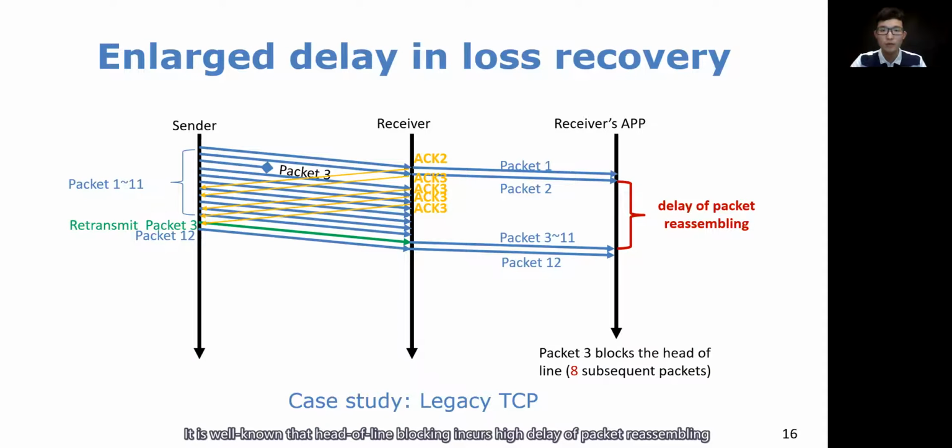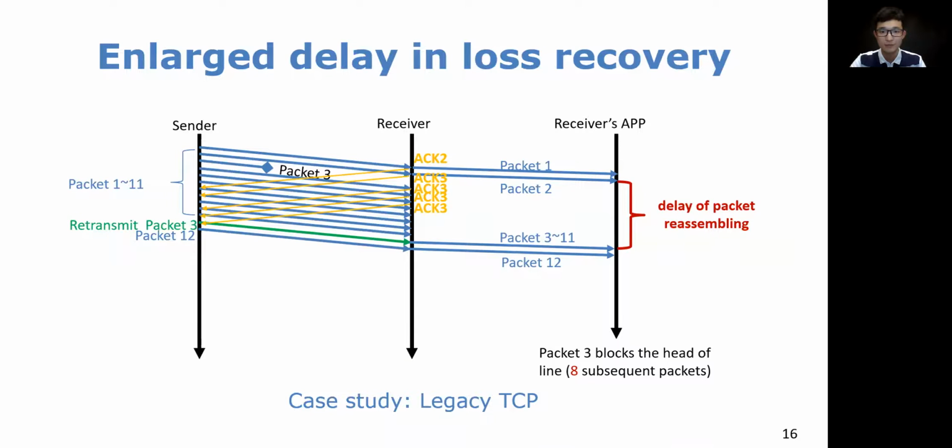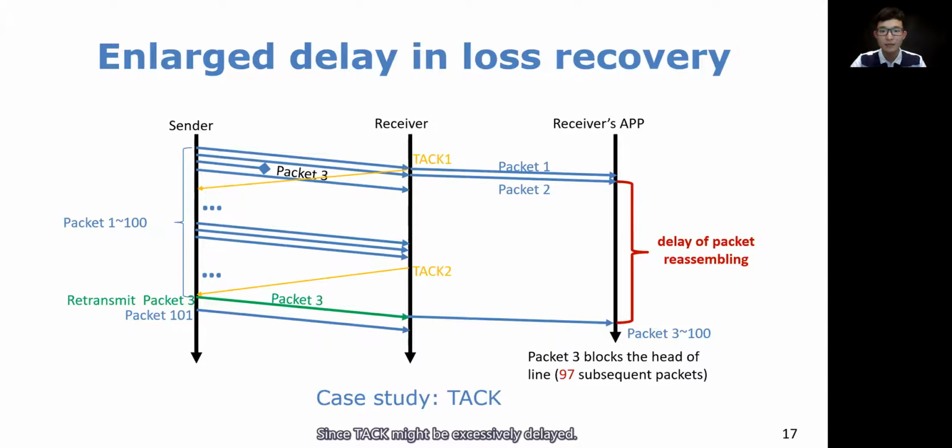It is well known that head-of-line blocking incurs high delay of packet resequencing and thus leads to transport performance decline. In the case of a legacy TCP, the loss of packet 3 blocks the head-of-line with 8 subsequent packets. Since TACK might be excessively delayed, applying TACK will further enlarge this delay incurred by head-of-line blocking.